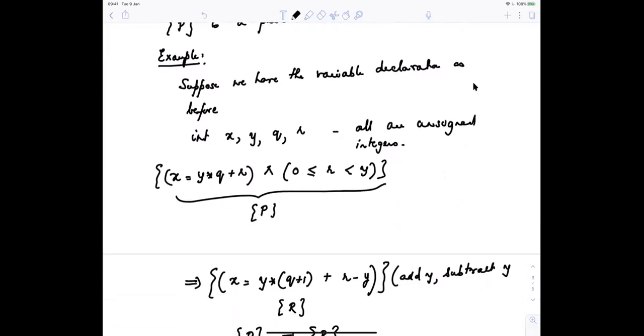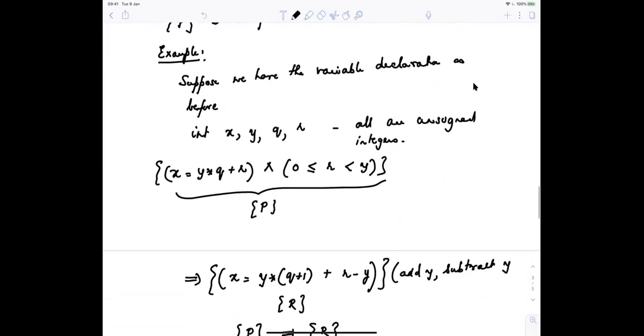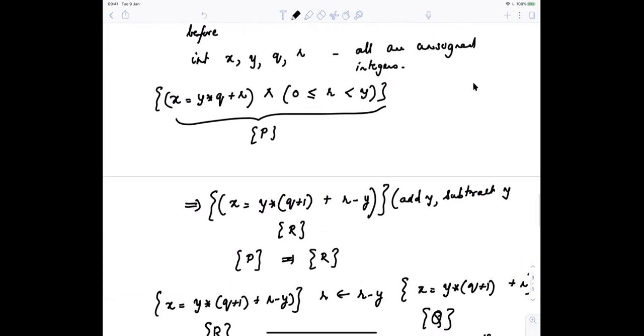And we said x is equal to y star q plus r and 0 less than or equal to r less than y, because that's the meaning of the remainder here. Then this implies that x is equal to y star q plus 1 plus r minus y.